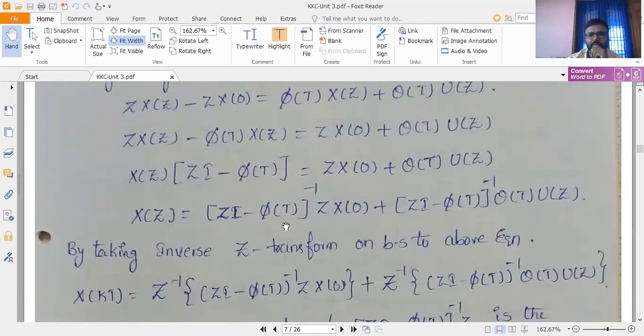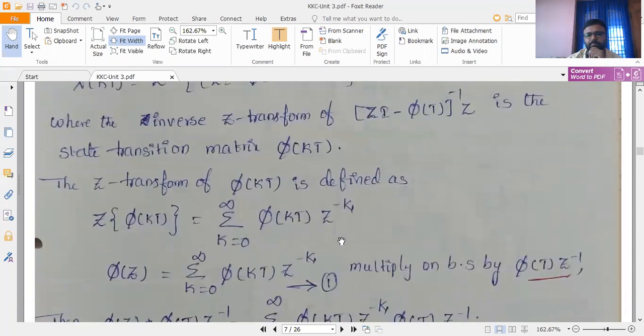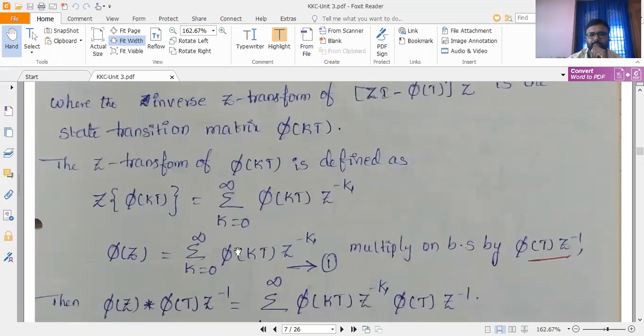So taking the inverse Z transform, we are going to get X(kT) is equal to Z inverse of (zI minus φ(T)) inverse into zX(0) plus Z inverse of (zI minus φ(T)) whole inverse into θ(T)U(z), where (zI minus φ(T)) whole inverse into z is nothing but the Z transform of the state transition matrix φ(T).